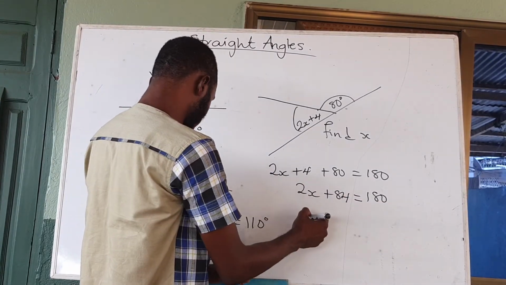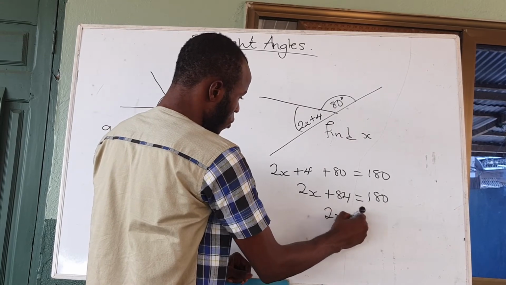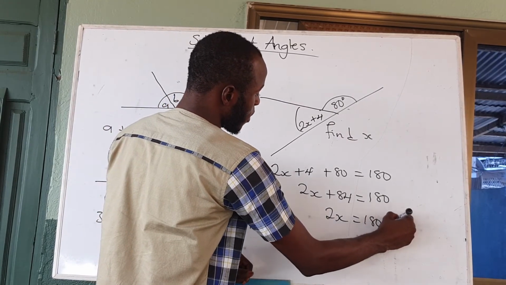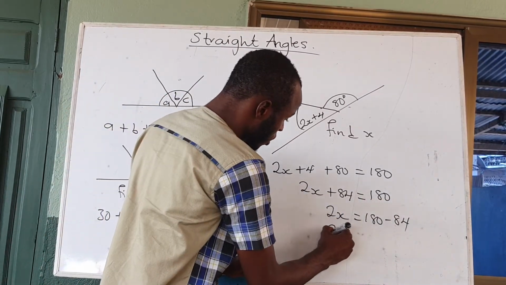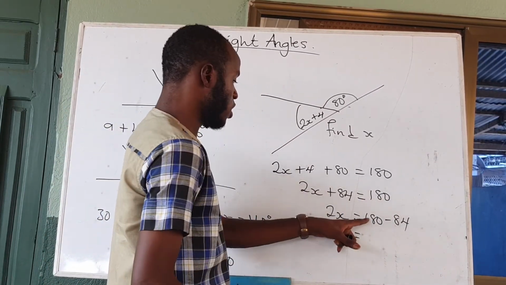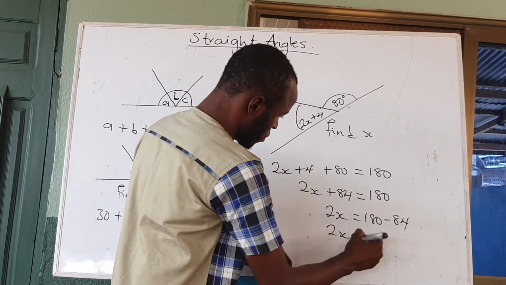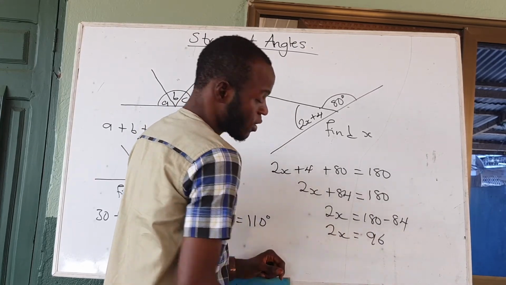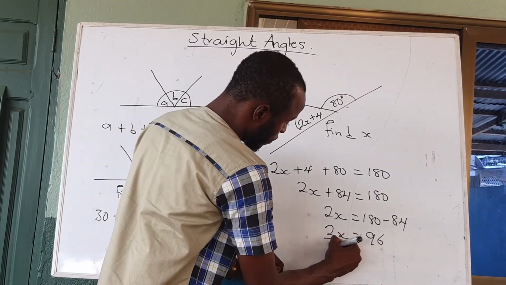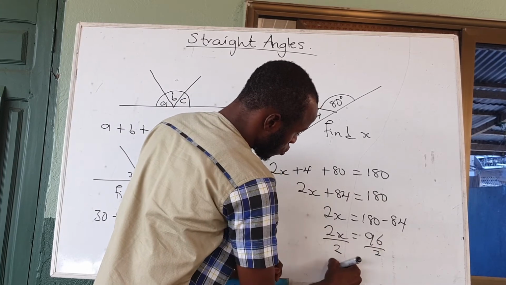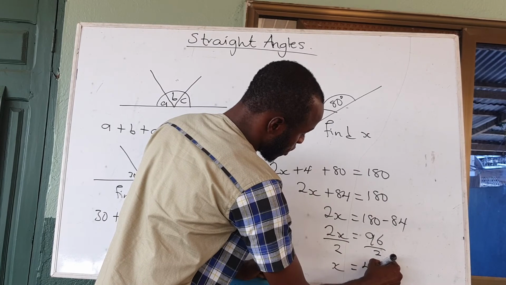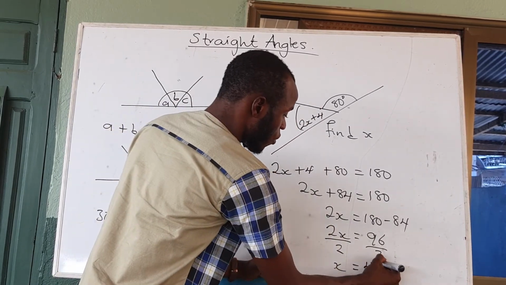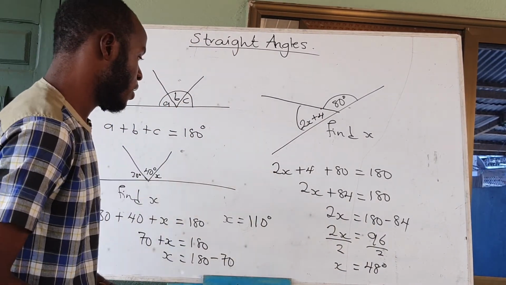Now 2x will be equal to 180 minus 84 degrees, which will give us 96. If it's 96, we divide here by 2, here by 2, so x will be equal to 48 degrees.